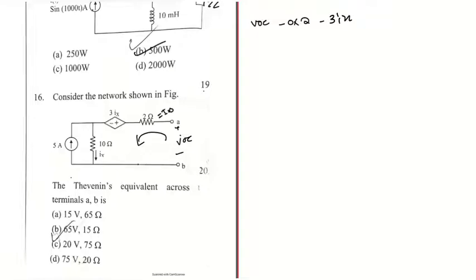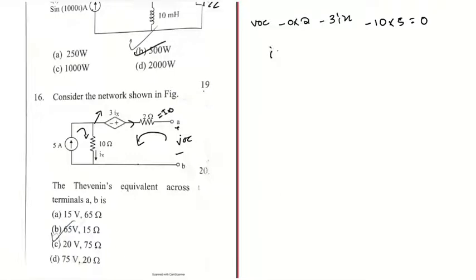Since this particular branch is open circuit, the whole 5 ampere is going to flow through our 10 ohm only, so it will be minus 10 into 5 equal to 0.